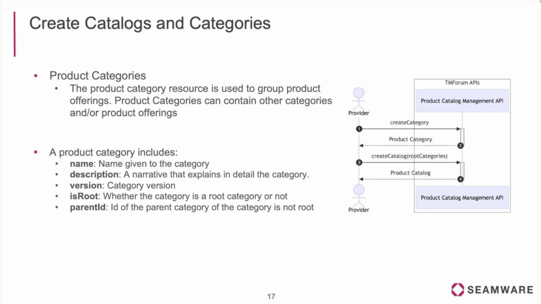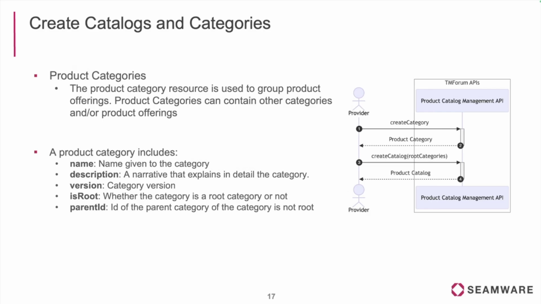You have a root category. For example, you may have a root category called data, and then you may have children categories like NGSI data, historic data, real-time data, or whatever. And you may have multiple levels in these different category trees.